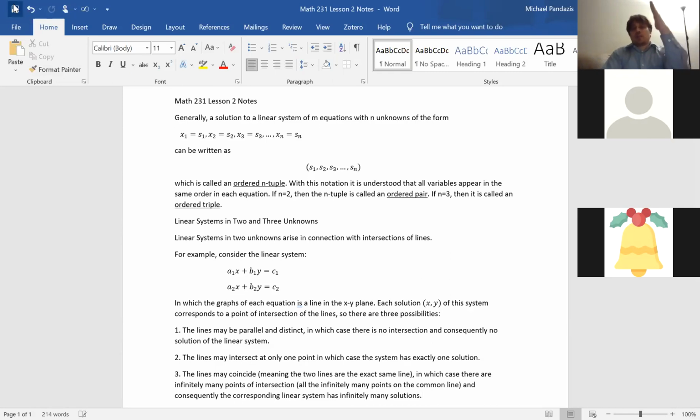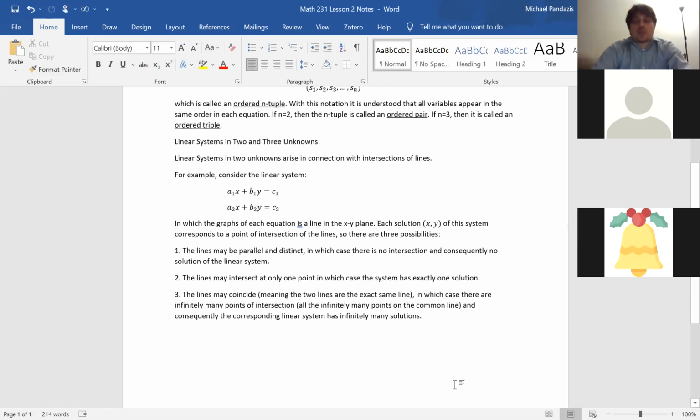Okay, so if you have a linear equation represented by this line, and you have another linear equation represented by the same line, then all of their solutions coincide and there's infinitely many of them. And so the linear system of those two equations represented by the same common line has infinitely many solutions.